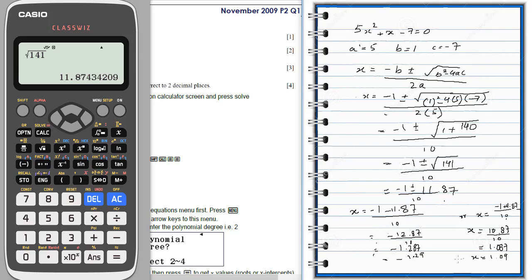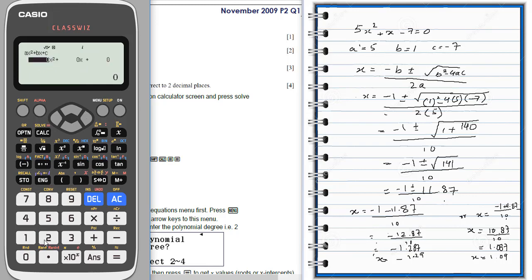So let's verify these answers using the Casio fx-991EX. On my calculator, I will go to the equation menu by pressing the menu button. Now we have polynomial, because x has a square, so it is a quadratic and the degree is 2.